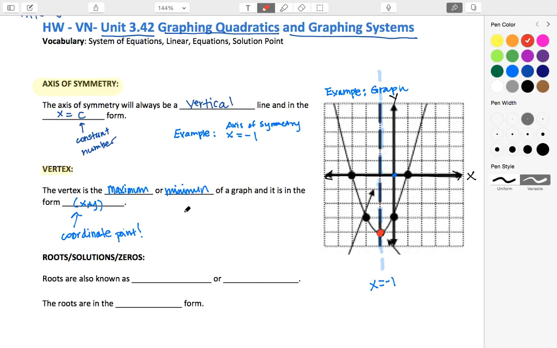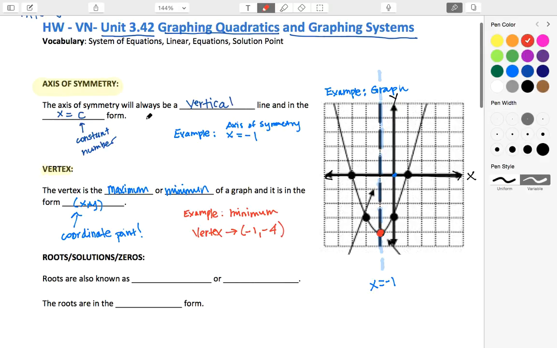So in our example, we have a minimum, and the vertex is when x is -1, and then when y is 1, 2, 3, 4, -4. So (-1, -4) is our vertex, and that's all you have to do. Okay, so we're just labeling all of these different points here.